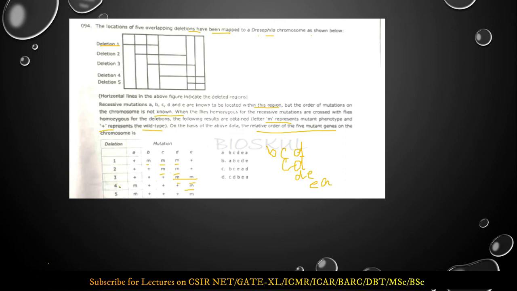Okay. Similarly with chromosome number 5, that is deletion at E and A where the recessive mutants are present. Write down E and A. So now we have the correct gene order. What is it? It's B, C, D, E and A. The correct answer is option A.